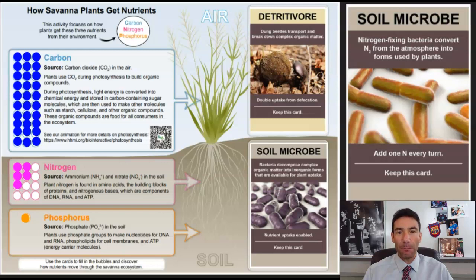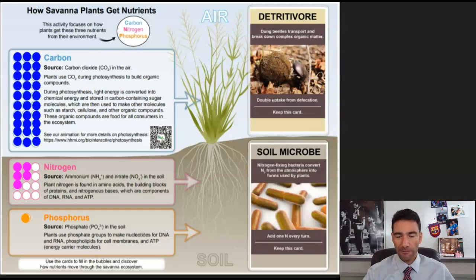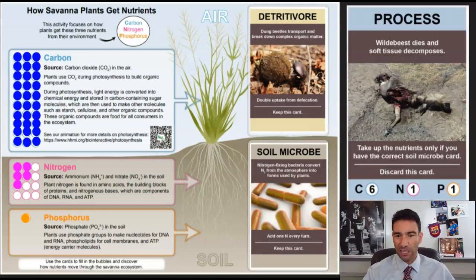And then plants can make amino acids and proteins, right? This is really important, especially if you're an herbivore or a vegetarian who relies on certain kinds of plants like beans to get all of your protein needs. This is how plants make protein. Fantastic. So I'm going to replace my soil microbe card with this one. Fancy. And let's draw again.